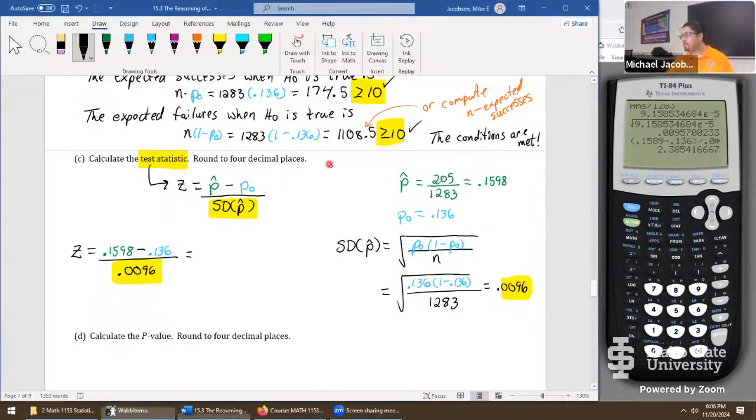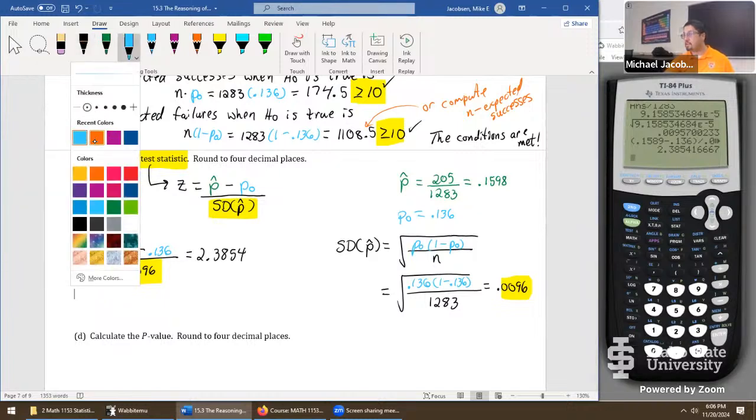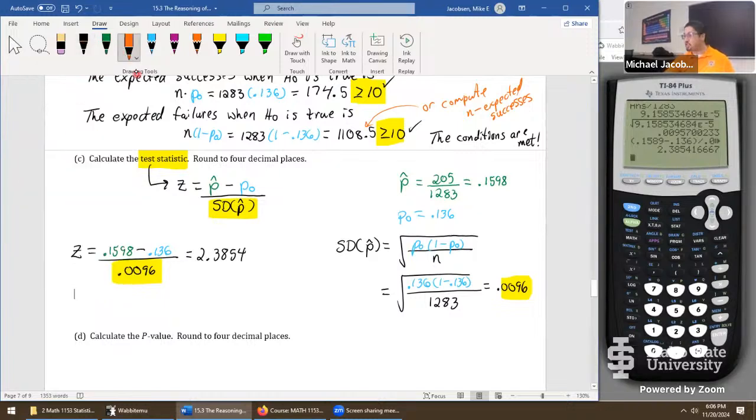So let's carefully put this in, 2.3854. And just as a reminder on this problem, it's always a good idea to remind yourself, what in the world did we actually calculate?